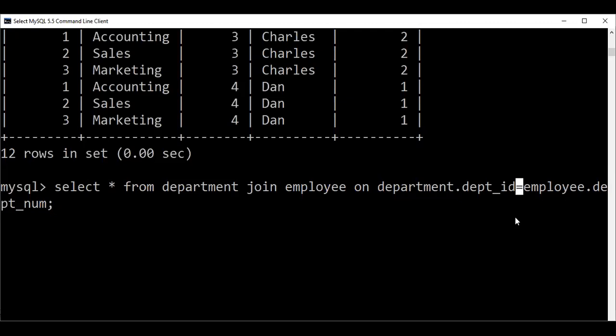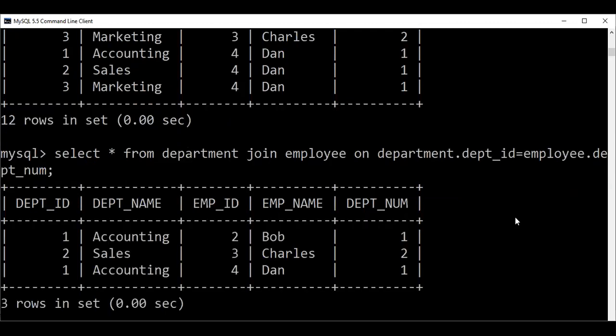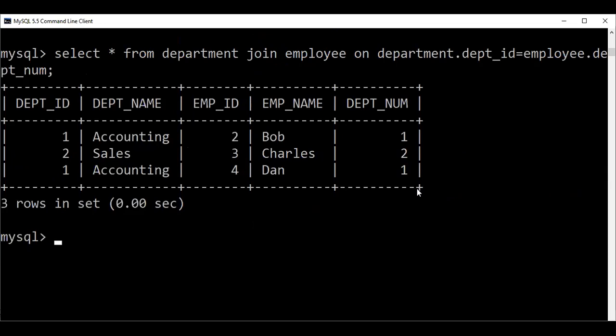And this is the actual combination. You can see, if I enter now, what is it giving? Instead of 12 possible combinations, this is giving some combinations, but this is the desired combination. What is the meaning of this? Under accounting, employee 2 is working. The name of employee 2 is Bob, and you can see this department ID is matching this department ID.